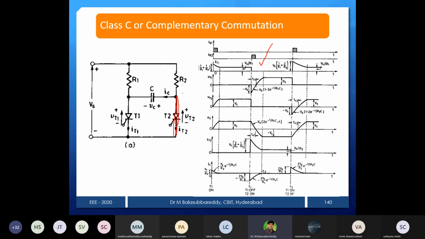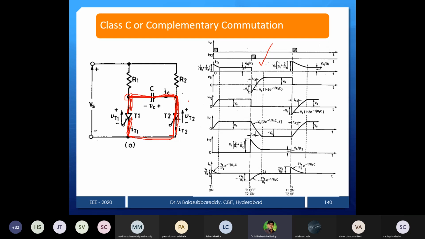If I fire the thyristor T2, the minus plate is directly connected to the anode of thyristor 1 and the plus plate is connected through T2 to the cathode. See this direction. Minus plate is connected to anode and plus plate is connected to cathode.